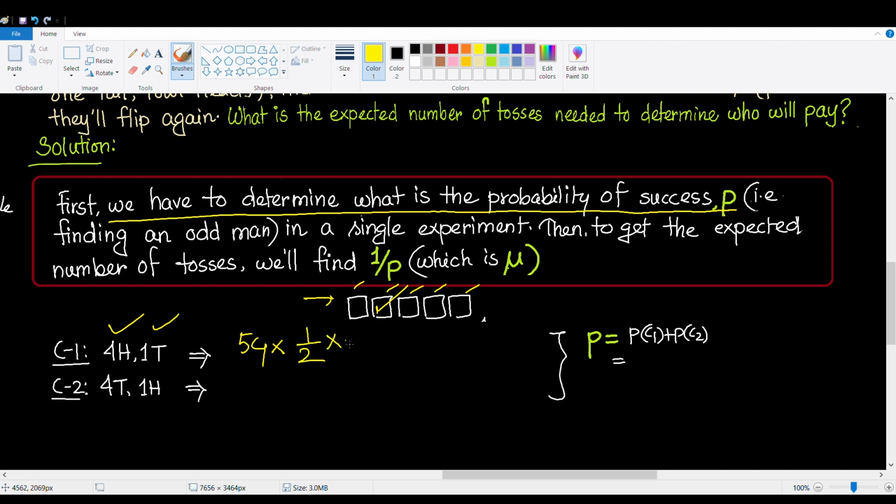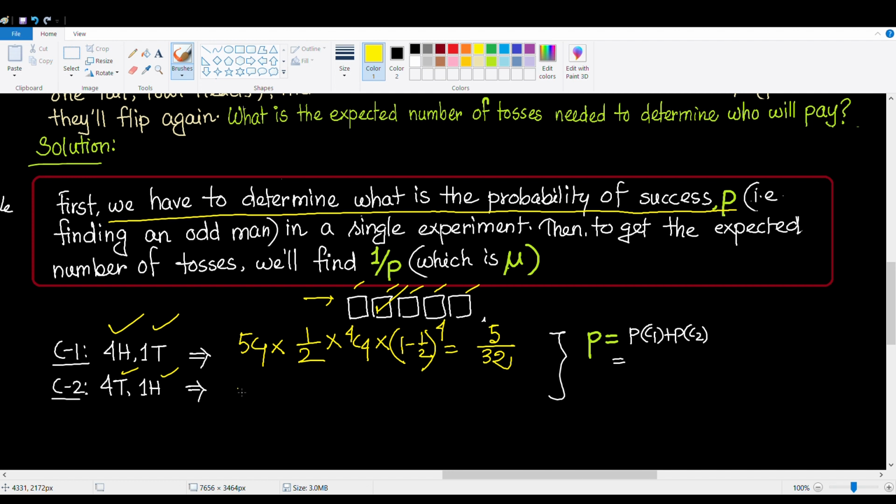We are using the binomial distribution formula, and from the remaining 4 we can choose all 4 of them, which is 4C4, or we can omit this term because 4C4 equals 1. So in those 4 boxes we want 4 heads. So we want 1 minus half, the probability of not getting a tail, and we want it to happen 4 times. Therefore the final probability would be 5 by 32.